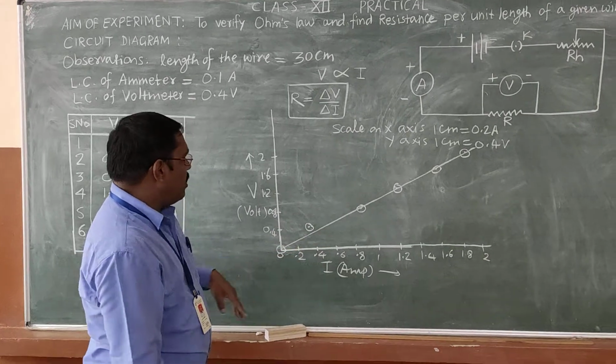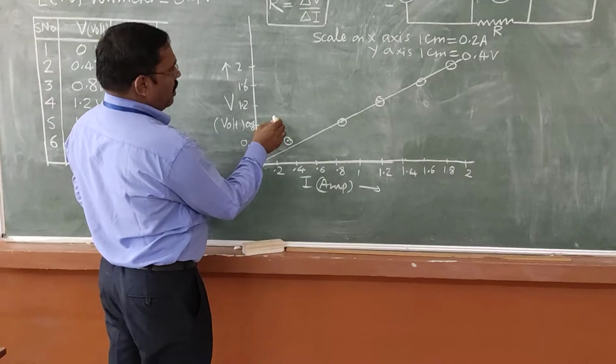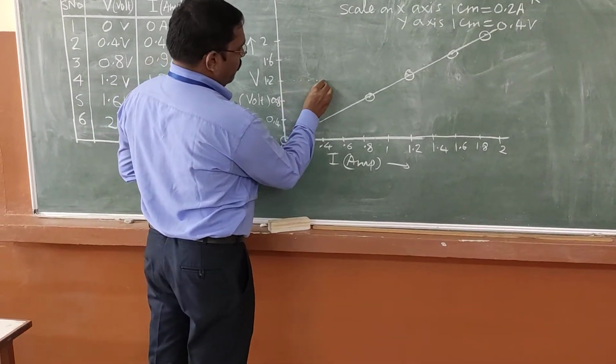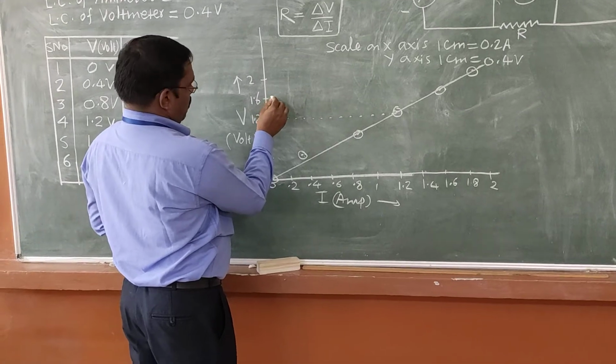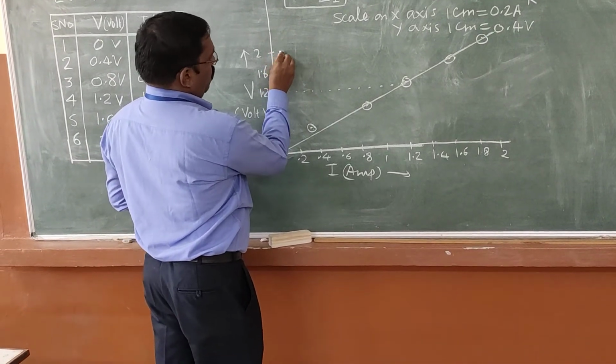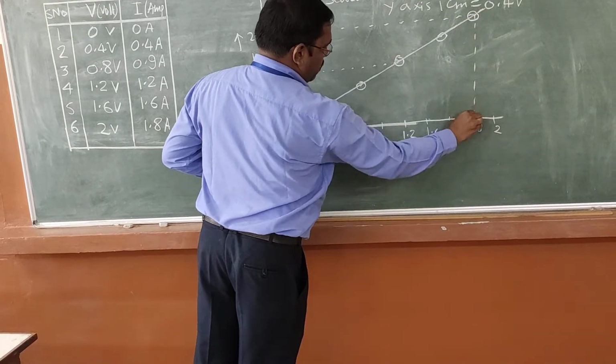And from here, you take any 2 points. Let me take this point, 1.2 and 2. Any 2 points can be taken with their corresponding values.